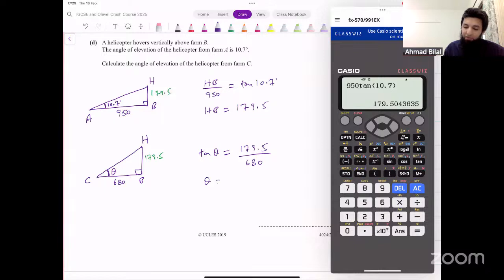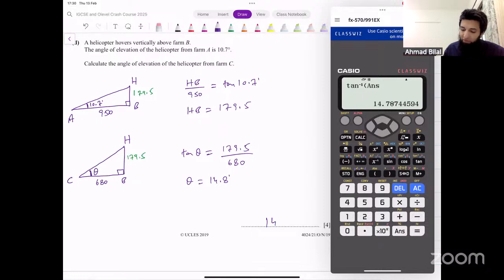We can find the value of theta from this: tan inverse of 179.5 divided by 680. That gives us 14.79, to one decimal place, because answers in degrees are normally written to one decimal place. We get 14.8 degrees. That's the angle of elevation that we were looking for here.